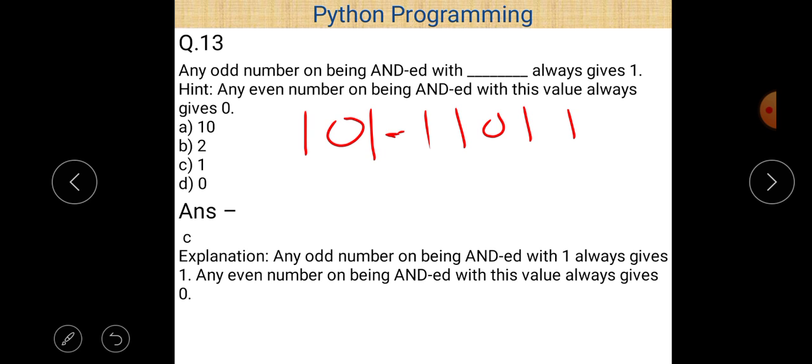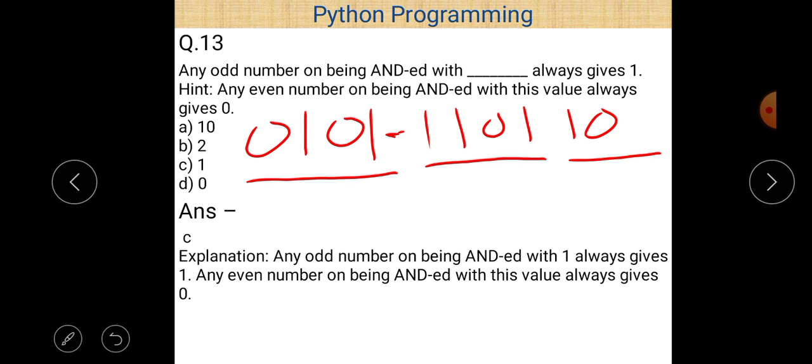So make groups. First of all, here 3 bits are there, so we have to add a 0 to make a 4 bit group. Then after the decimal again make 4 bit groups, 1101. Here only a single 1 is there, so add 3 zeros.